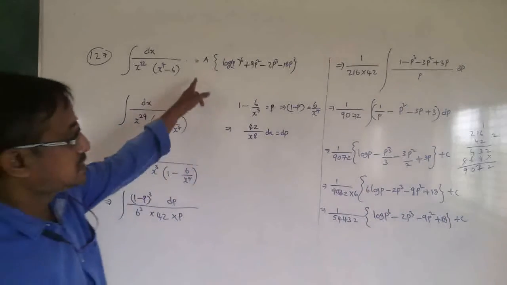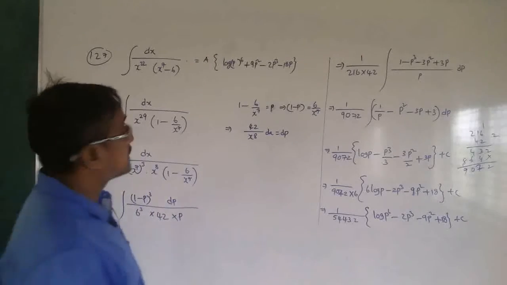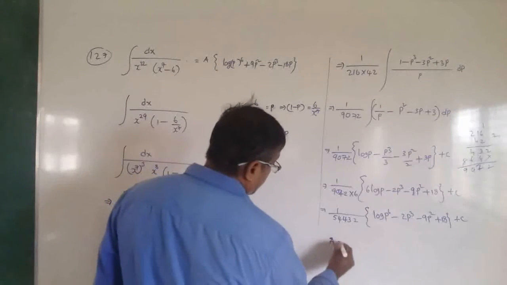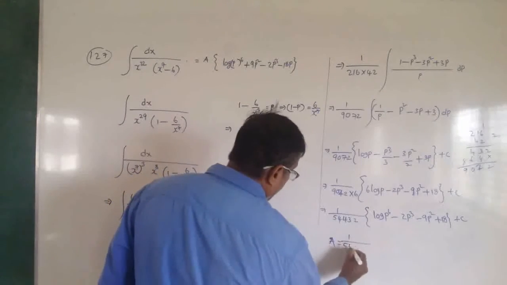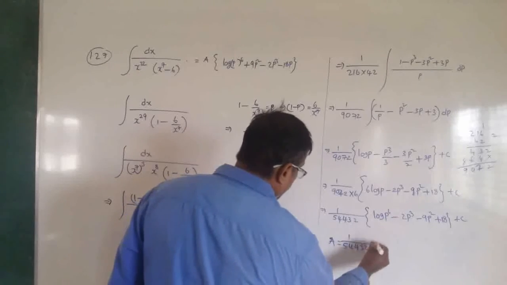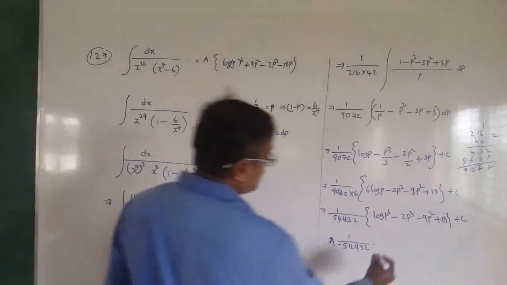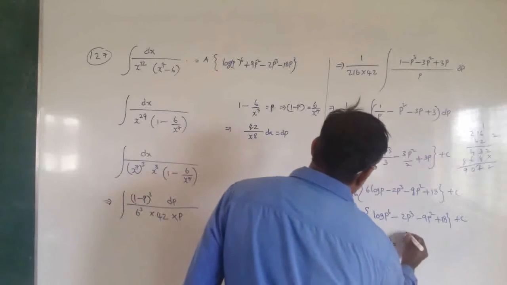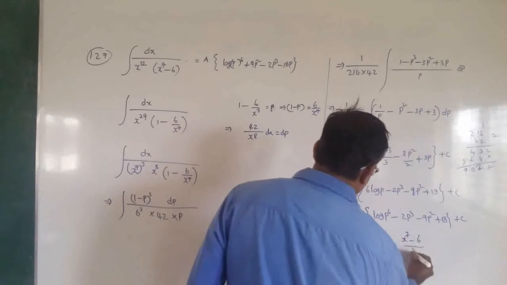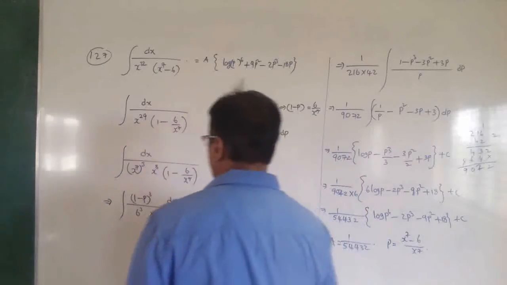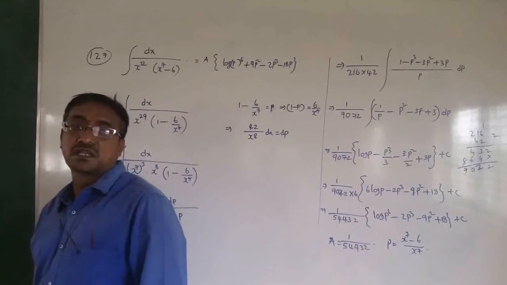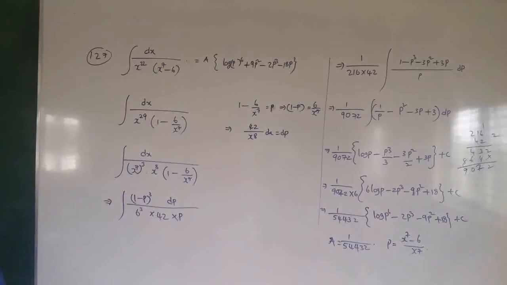So that is the required result, where capital A is equal to 1 by 54,432 and p is equal to x power 7 minus 6 by x power 7. That is the required result.